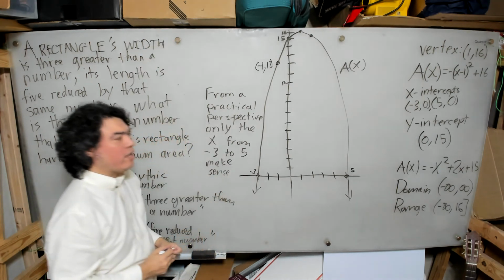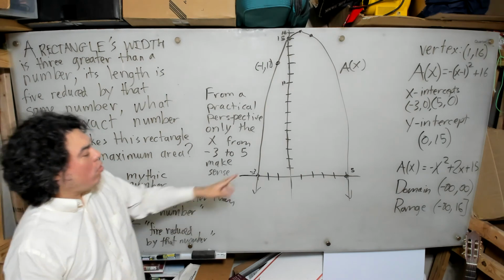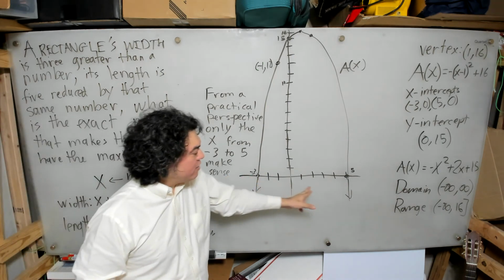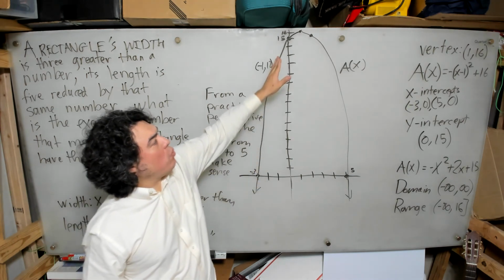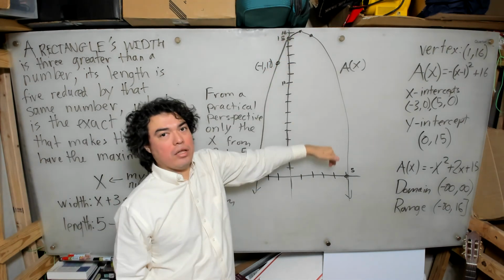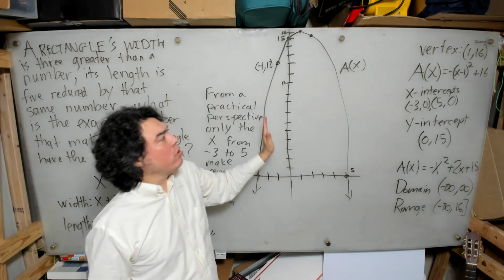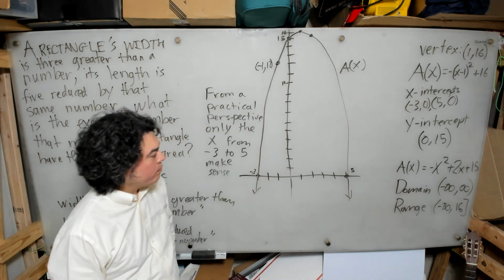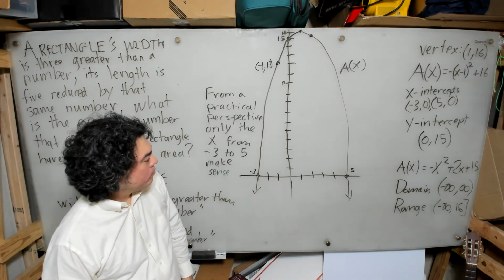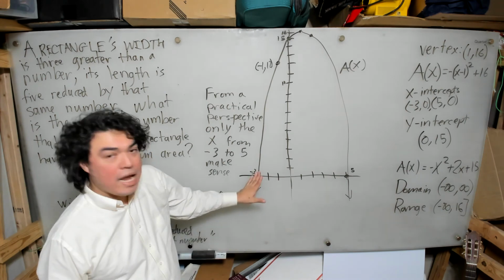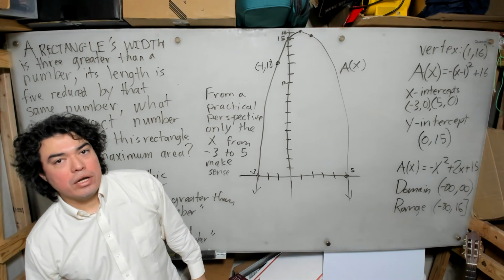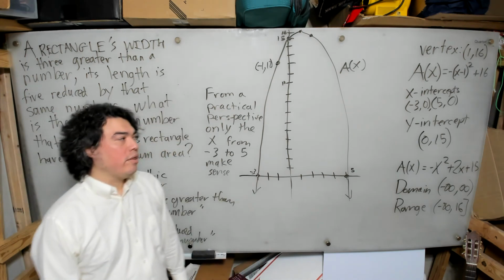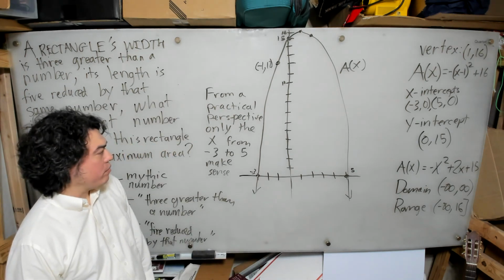And we can see that in the graph. For any x value in this region, we will get a rectangle that satisfies the conditions of our problem with a positive area. Okay, and for any x that is beyond these barriers, we will not get a rectangle that is of positive area.